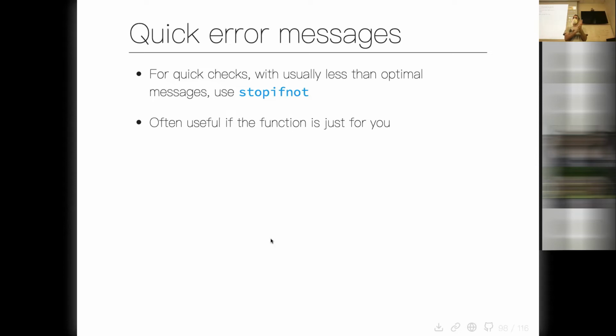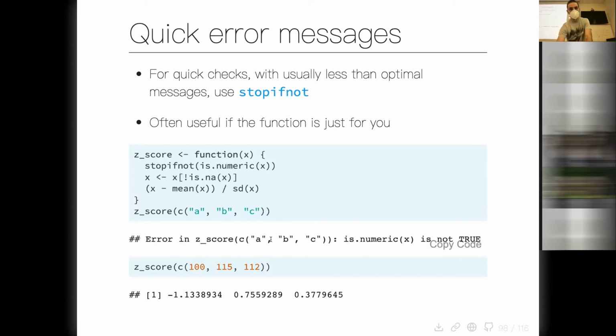Okay, I also mentioned if you just want a quick error message, you can use stopifnot. This is often useful when you're debugging or when you're writing a function that's just quick, just for you in this one script. You just say stopifnot and put some condition in there. So for example, stopifnot(is.numeric(x)), and it will print this error if x is not numeric, right?